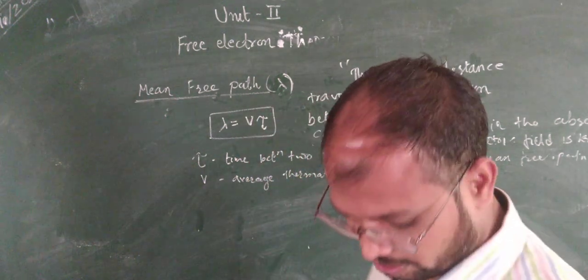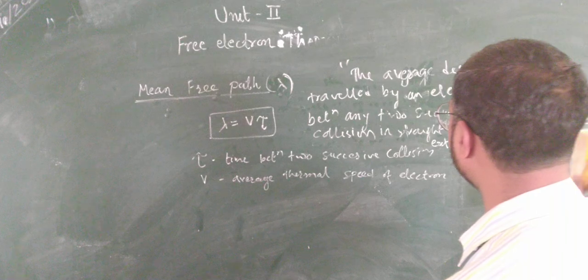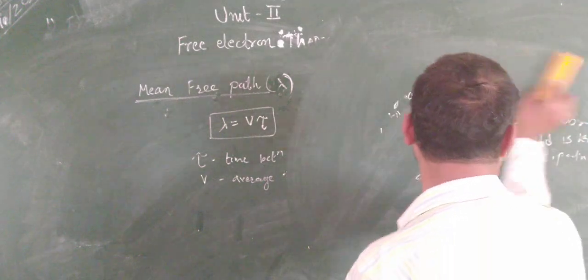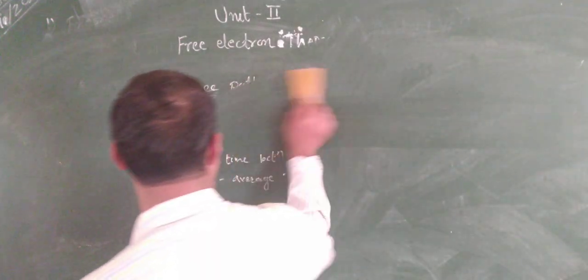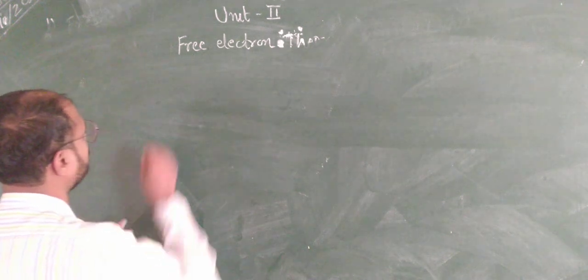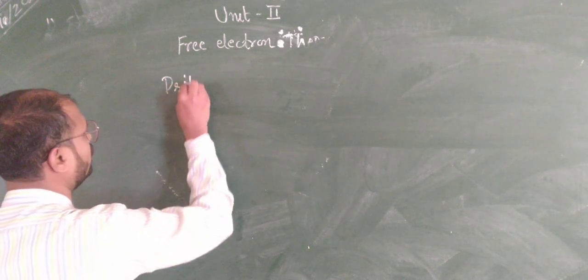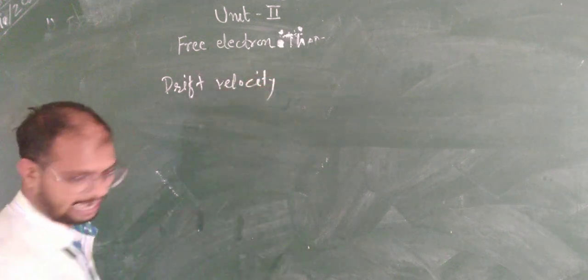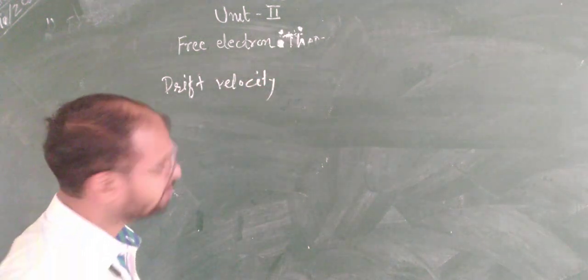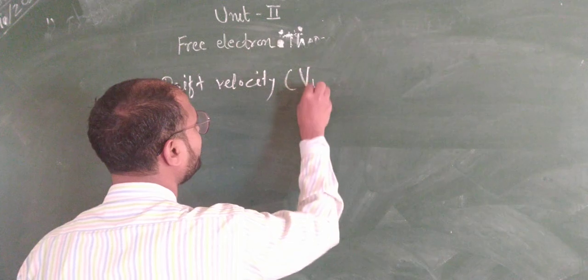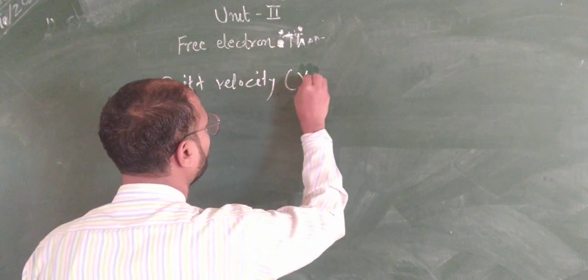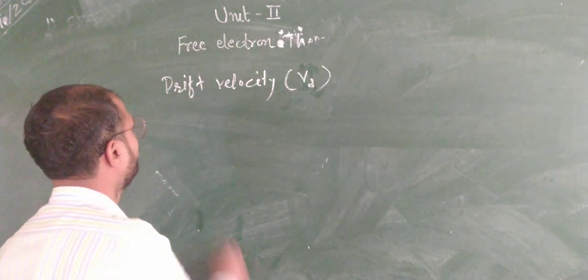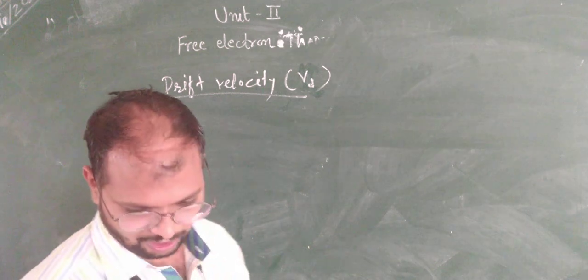After that, we see the drift velocity. Okay, drift velocity. And drift velocity is denoted as V suffix D. Okay, this is the drift velocity.